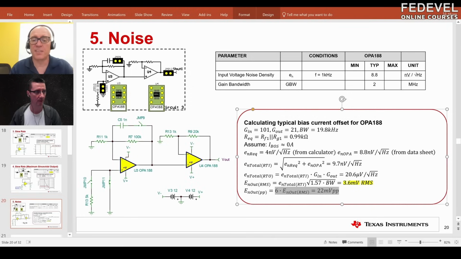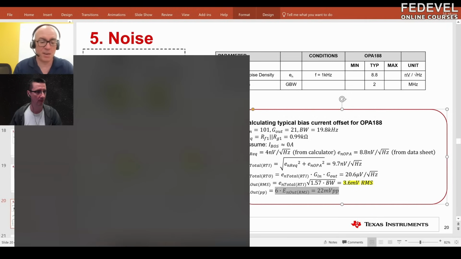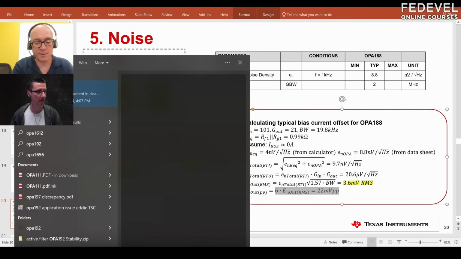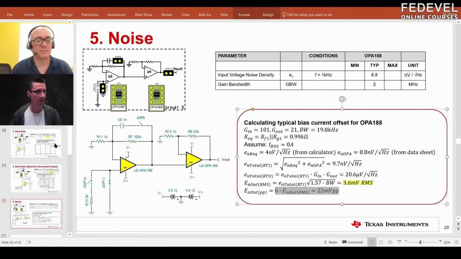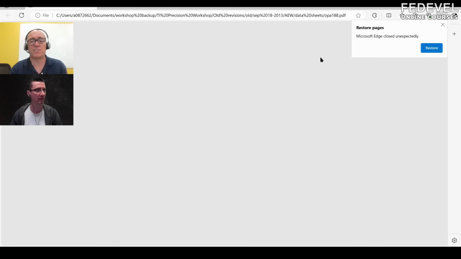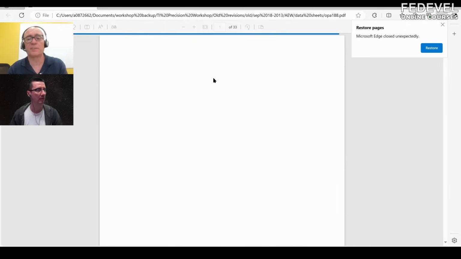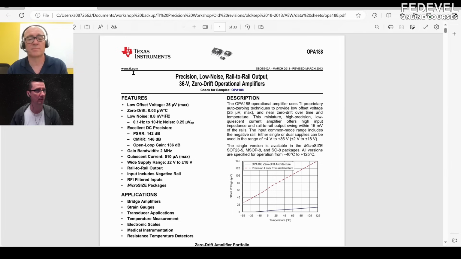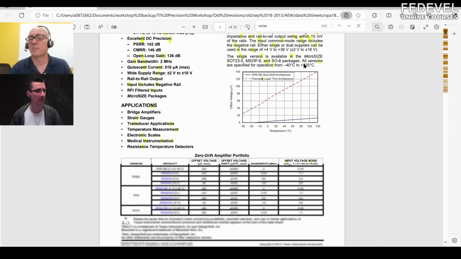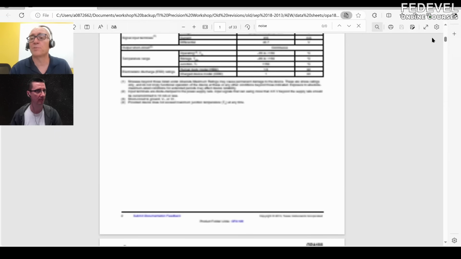Let me pull up the data sheet for the OPA188 really quick. Let's find the noise curve. There are too many of them, I'll just have to scroll to it.